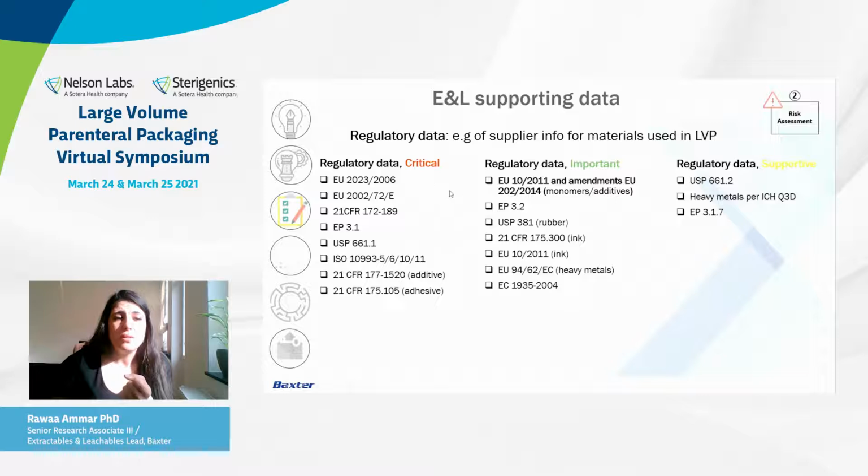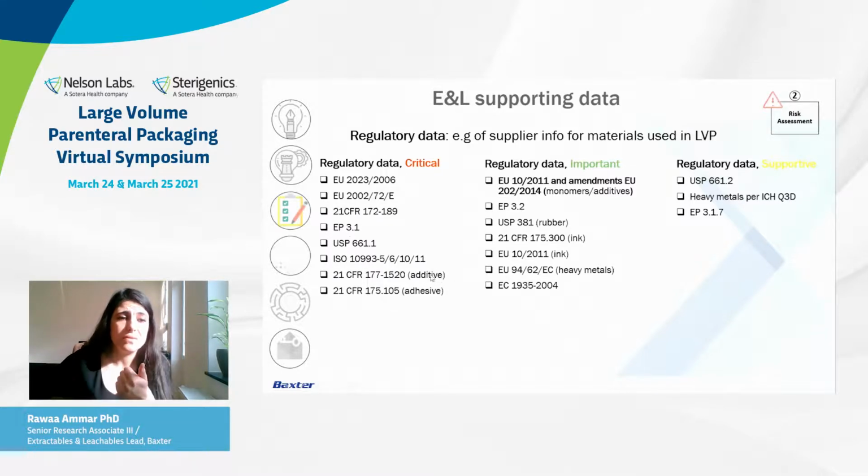So what can be critical is having certificates or compliance for food contact material per EU or 21 CFR, to have the compliance from a pharmacopoeia standpoint, EP 3.1 or USP <661.1>, the biological evaluation of the ISO chapter 10993 and the specific chapters for it.